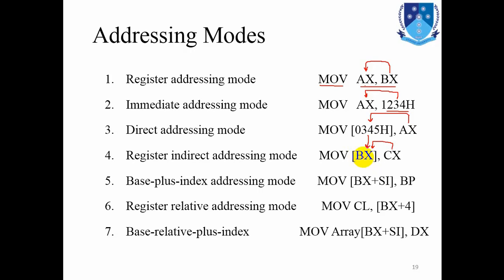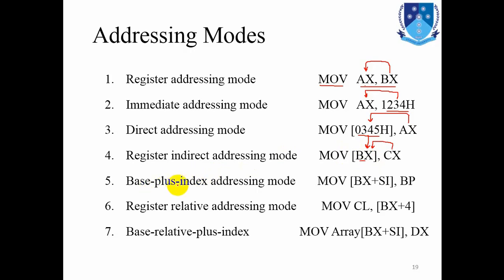The BX register might have 0345H, but in the previous addressing mode it was directly revealed, while here the address of the memory location is enveloped into the BX register.